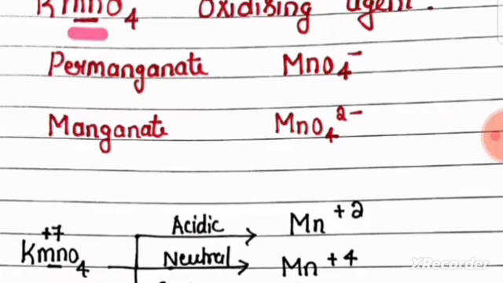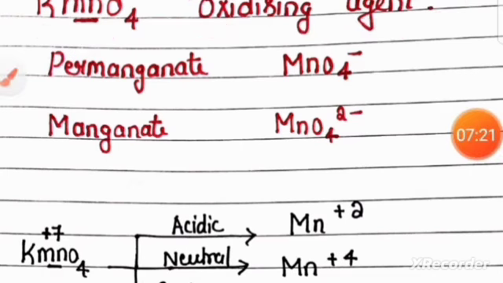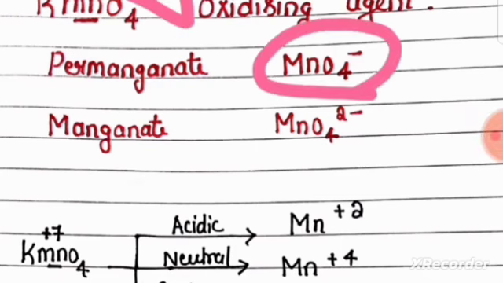In potassium permanganate, manganese shows +7 oxidation state, and potassium permanganate is a strong oxidizing agent because it will decrease its oxidation state. By decreasing its oxidation number, it acts as an oxidizing agent. Remember, permanganate formula is MnO4-, manganate is MnO4 2-.